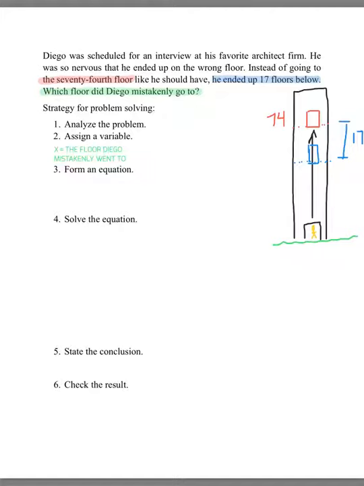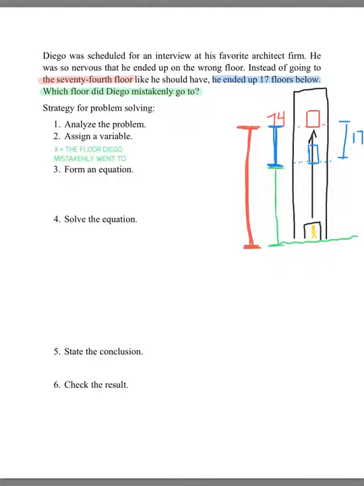Now let's form an equation. We know 74 floors is the distance from the top to the very bottom. So this is a total of 74 floors. Again, that's where he should have been for his interview. And we also know that this distance right here is 17. What we want to know is this distance right here.